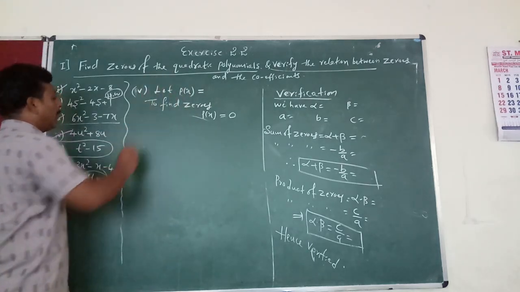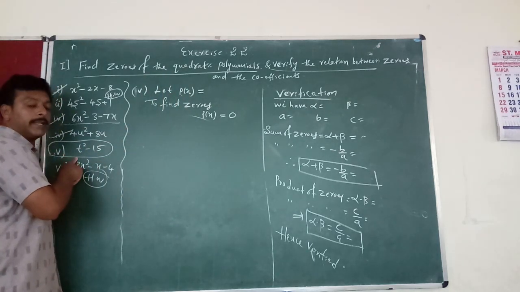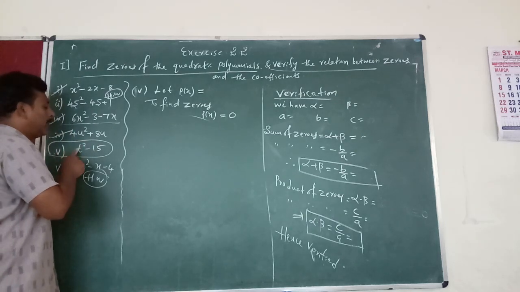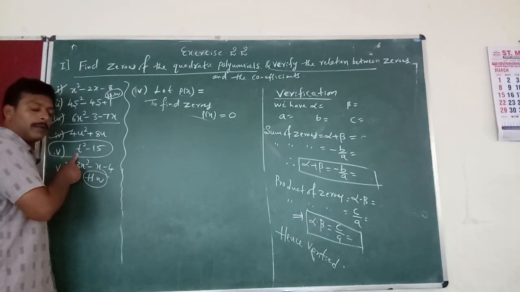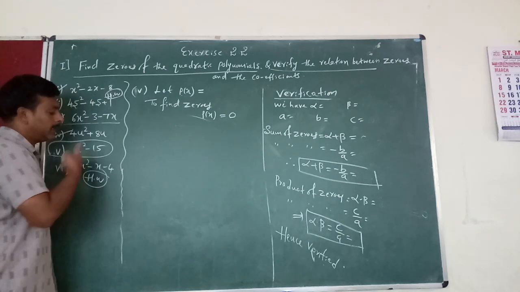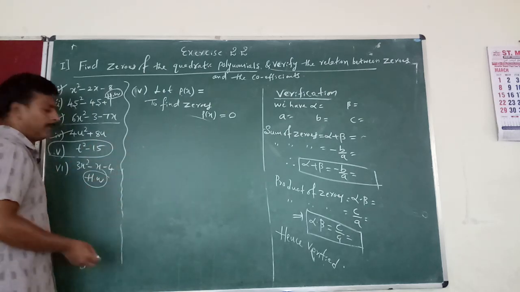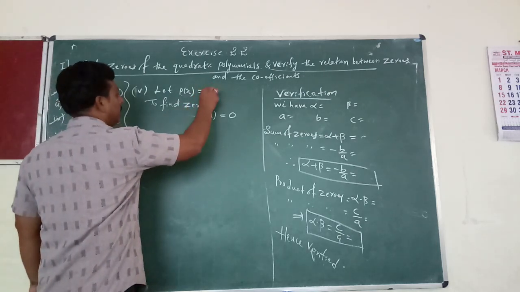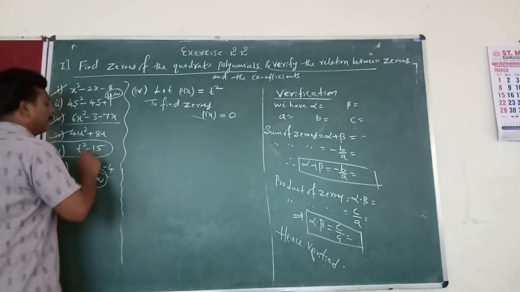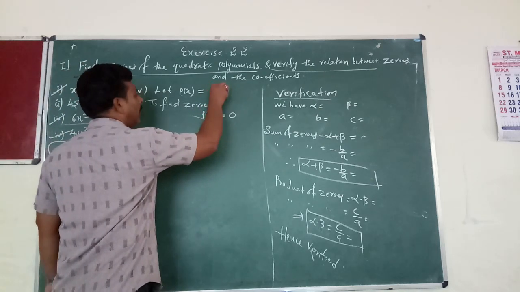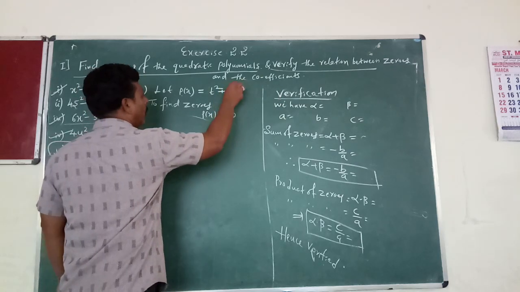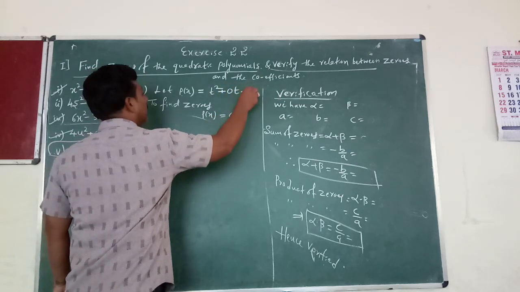So p of x I am taking, whether it is in standard form or not: t square. T is a variable. After that what we need? T is not there, so take it as 0t. Take it as t square plus 0t minus 15.